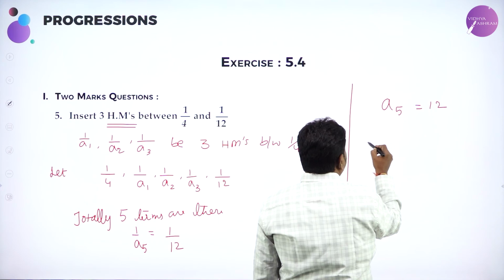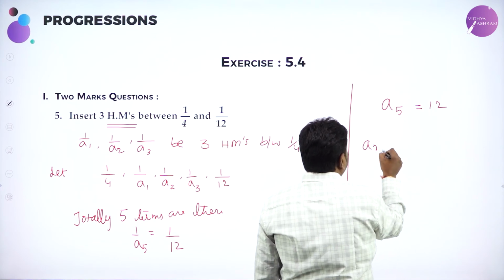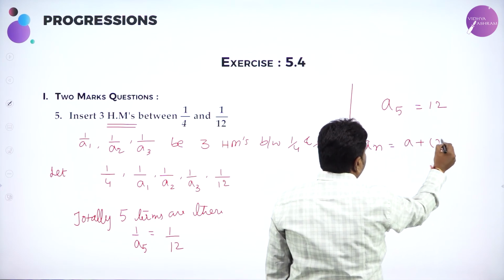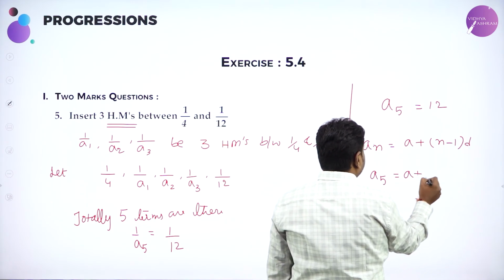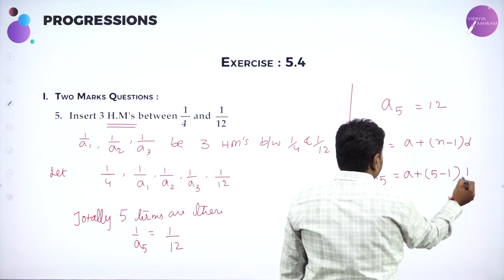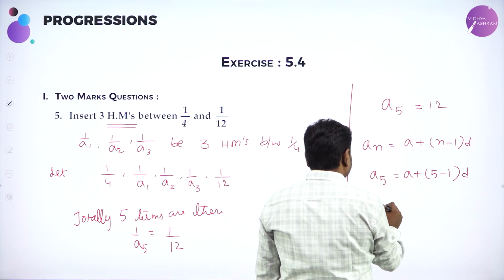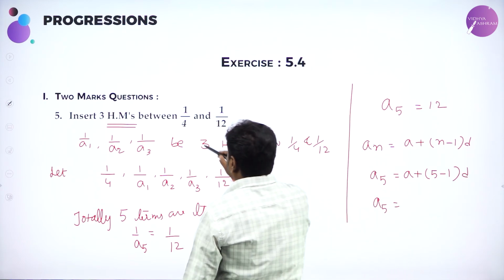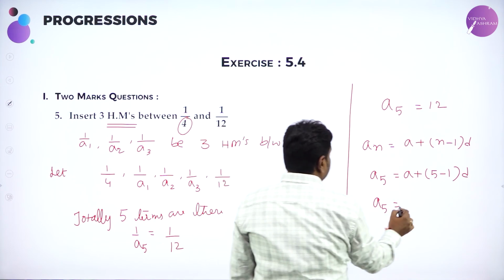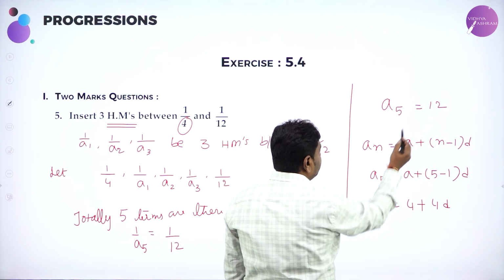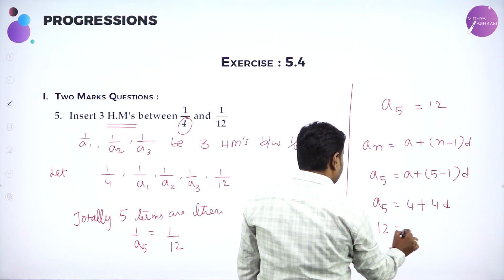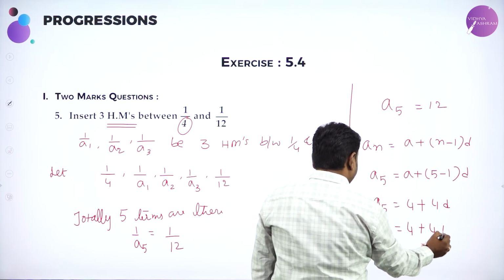And a5 means, by the AP formula, An is a plus n minus 1 into d. A5 is a plus 5 minus 1 into d. The first term denominator is 4, so 4 plus 4d. And a5 is 12. So 12 is equal to 4 plus 4d.